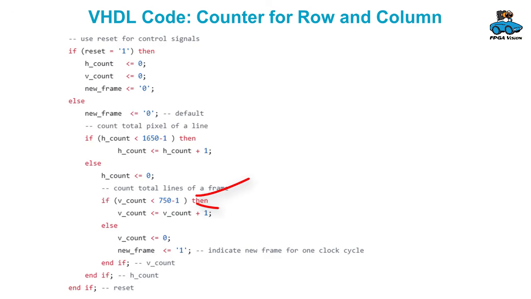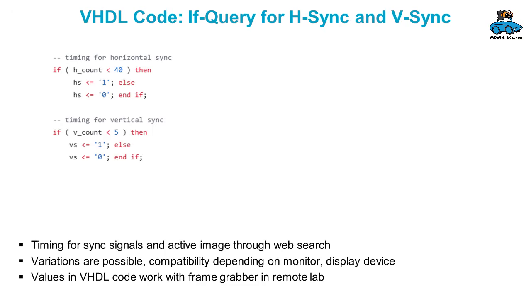If the vertical counter reaches 750, again from the 720p format, we set it to 0 and start with a new frame. And we indicate this with this control signal. So we have 2 counters, where one counter controls the second counter.